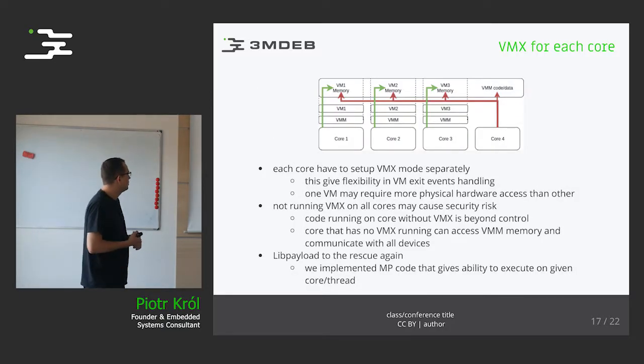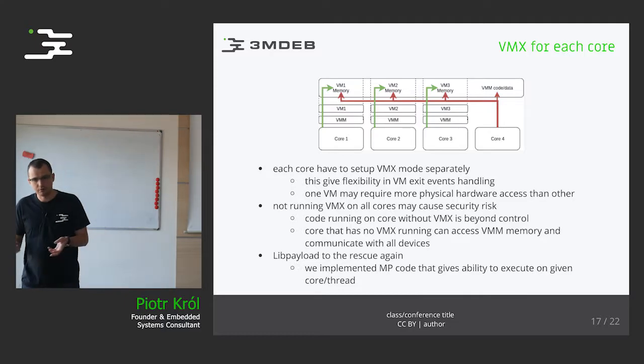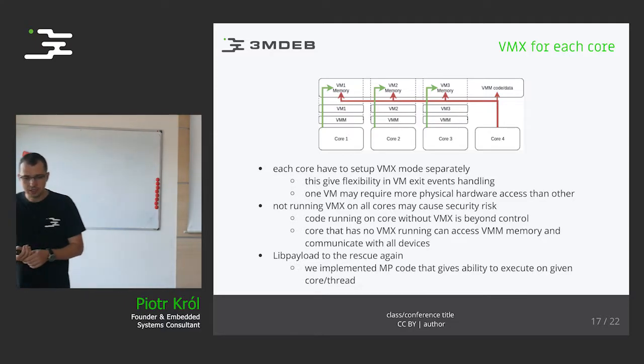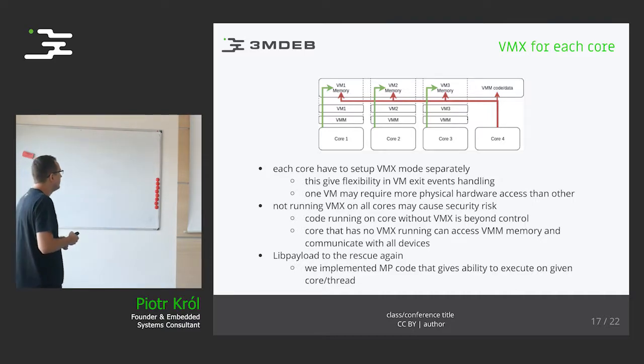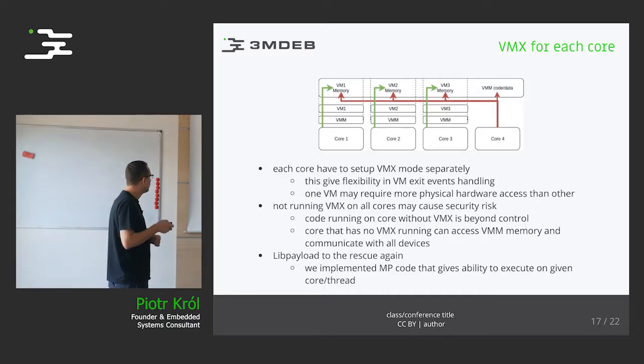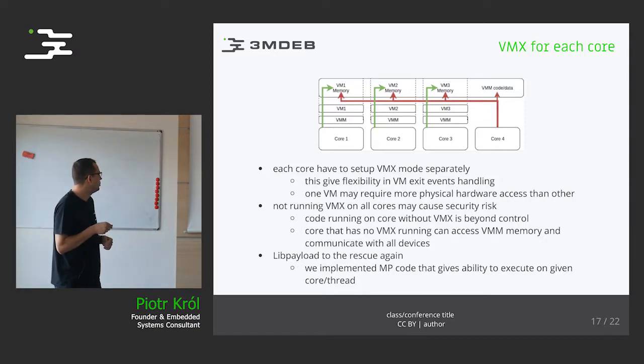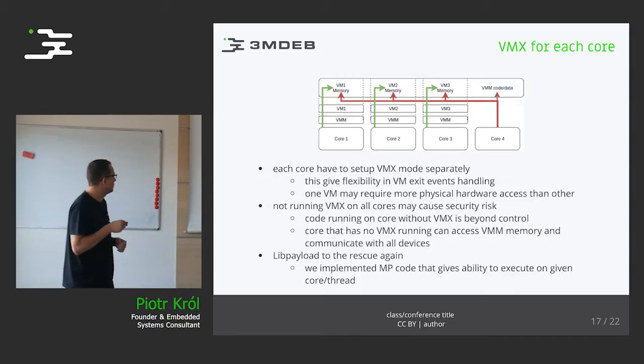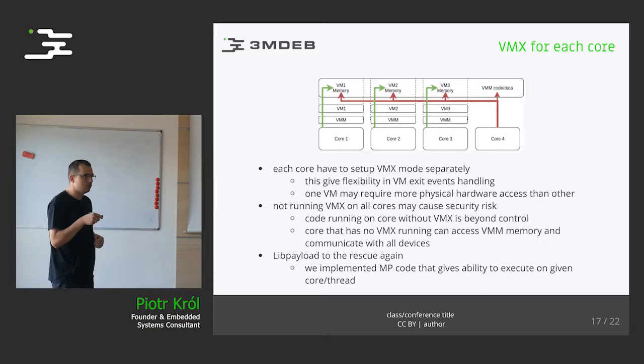The last problem, or something we have to think about, is that we have to run the VMX instruction on all cores. If we have one core that does not have the monitor running, it can access the whole memory, even though there should be reserved memory for the virtual machine monitor.